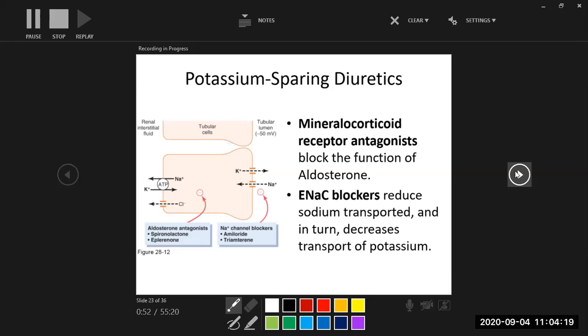So we looked through all these different channels, and thiazide is the first one, loop diuretics was the second one, and they are not perfect. One side effect is the hypokalemia. So we want to find a drug that can regulate our body fluid while not causing the hypokalemia.